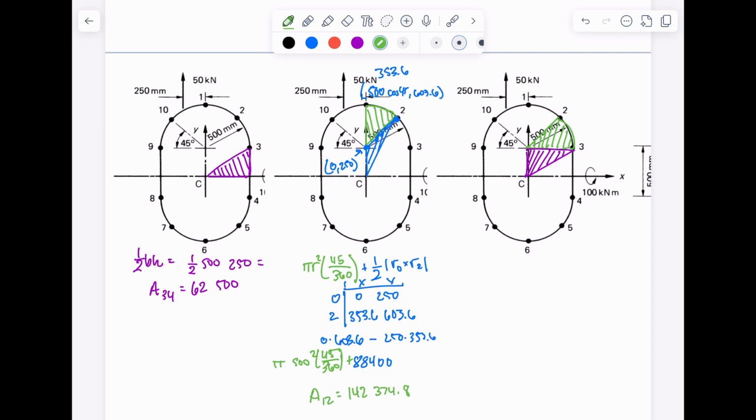So let me write down the formula that we have, which is, again, pi r squared of 45 over 360. We add the area of a triangle, which is 62,500. And now we need to subtract what we found here.